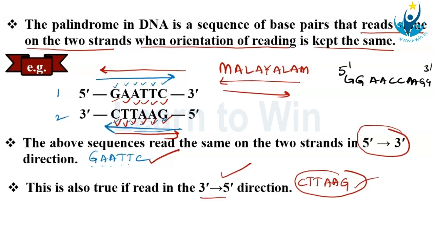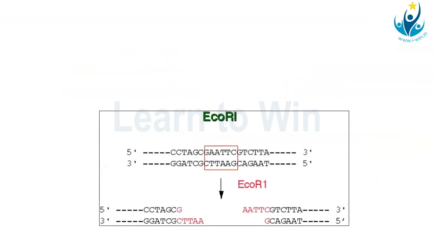So GGAACCGG. If I read it like this or like this, it is the same. So this is the case of single-stranded DNA and this is the case of double-stranded DNA, how palindromes are present. And all the recognition sites of the restriction enzymes are arranged in this palindromic order.